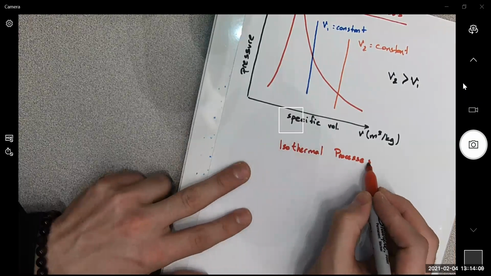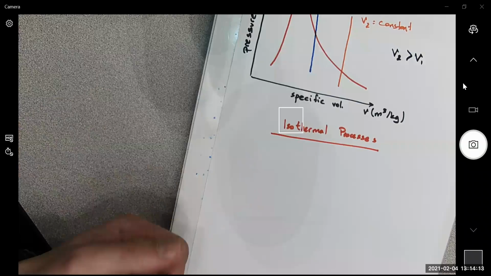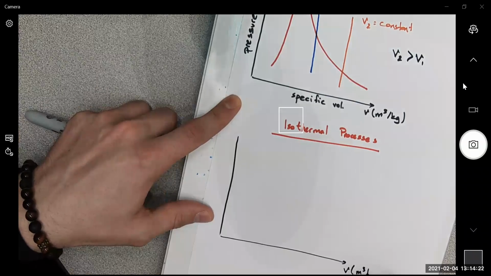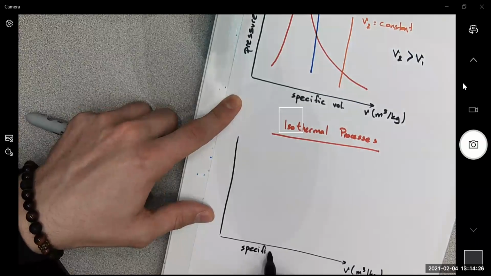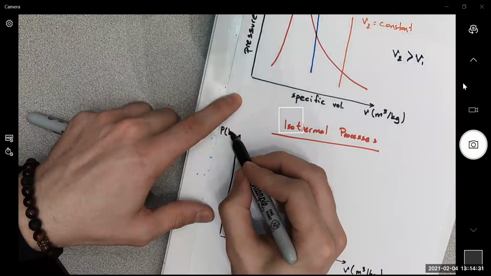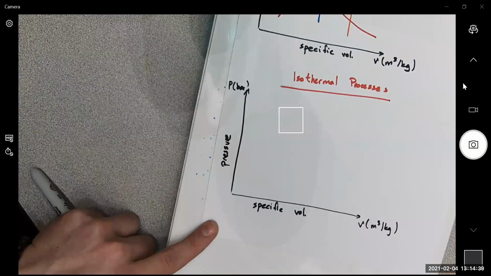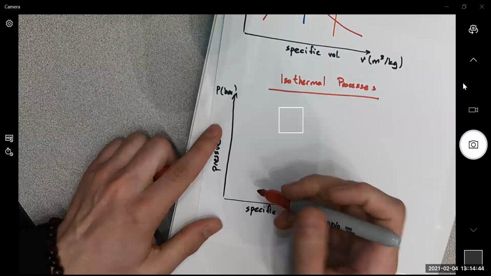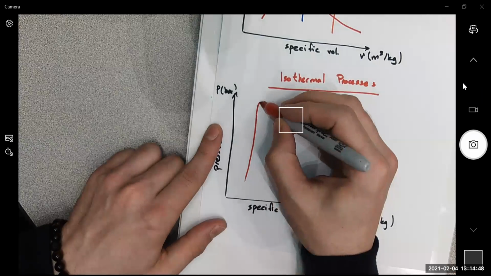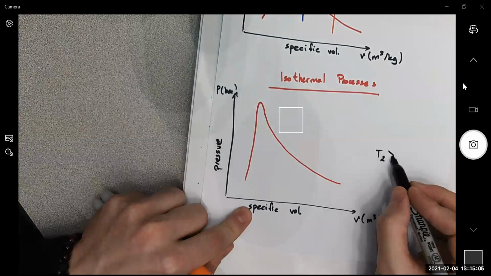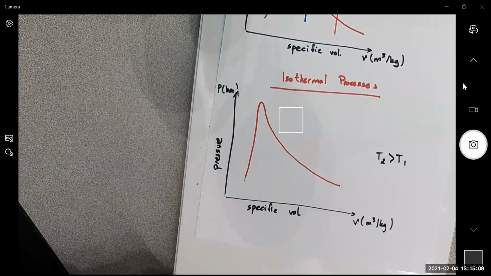Isothermal processes. Constant temperature, isothermal process.